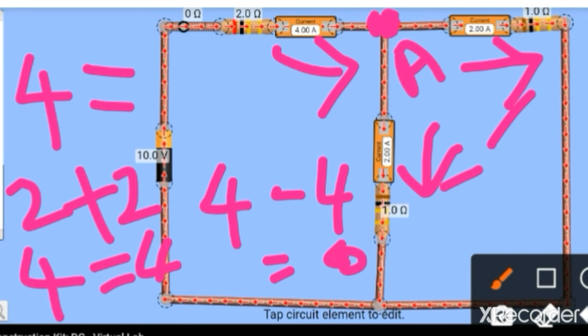So here the incoming current is 4 amps, and the outgoing current is 2 plus 2, 4, so both of them are equal. So this is one of the simulations for better understanding of Kirchhoff's current law.